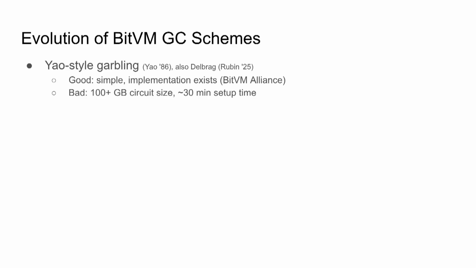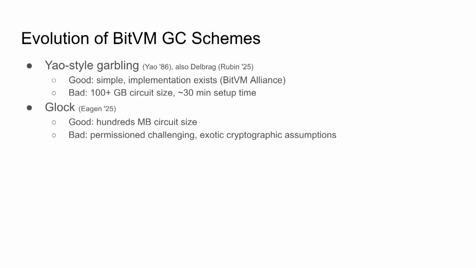So people were not satisfied with that, and they started doing all kinds of interesting research. Liam Egan published in 2025 the Glock scheme, which reduced the circuit size already to 100 megabytes or so. That was quite an improvement. However, the bad thing about it is it requires permissioned challenging.